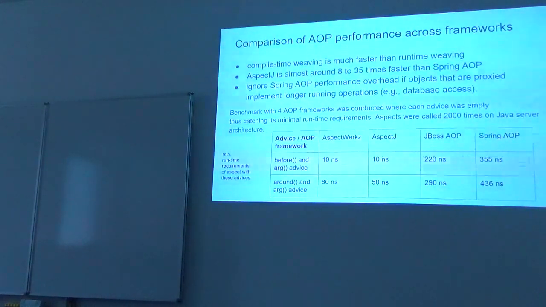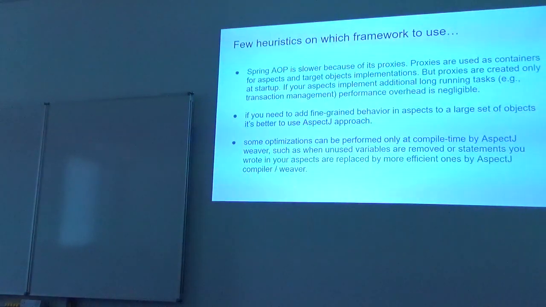So I think that we are still going to stay on all these recommendations. As I said, Spring AOP is generally slower because of its proxies, and these proxies are being used as containers for aspects and target object implementations. A proxy is in fact an implementation of the decorator design pattern.